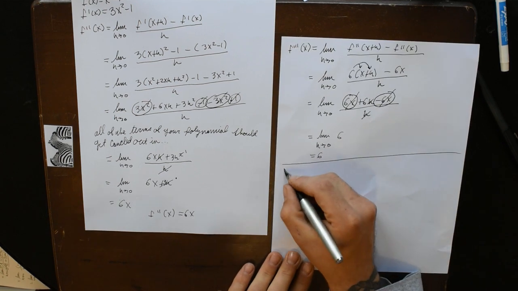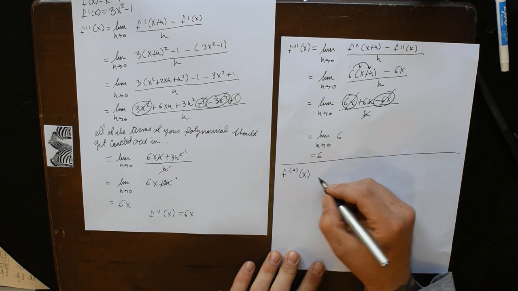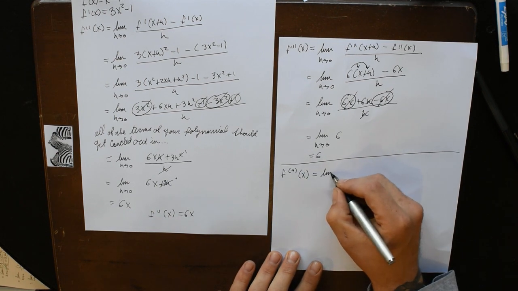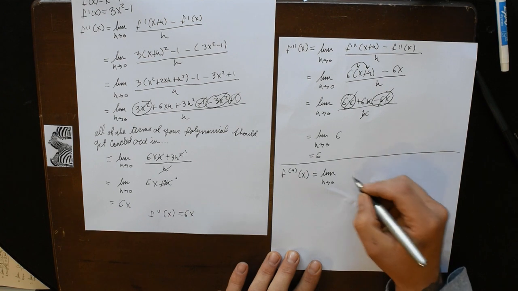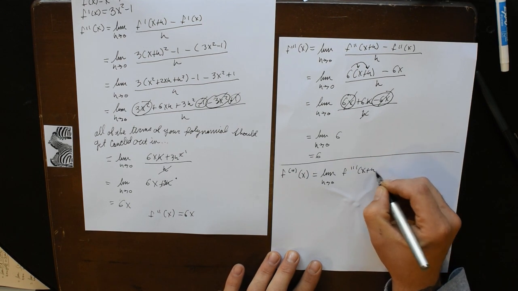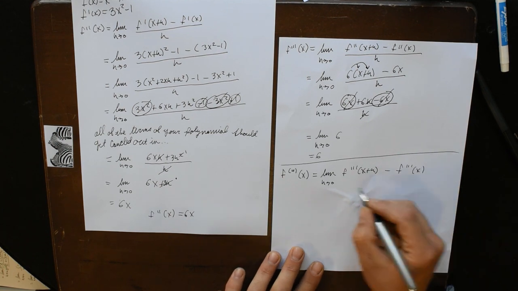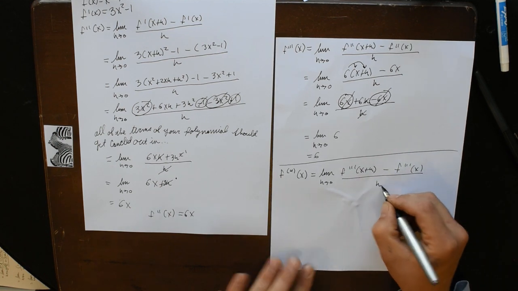And finally, we'll calculate the fourth derivative of f of x, which is equal to the limit as h approaches 0 of f triple prime of x plus h minus f triple prime of x, all divided by h.